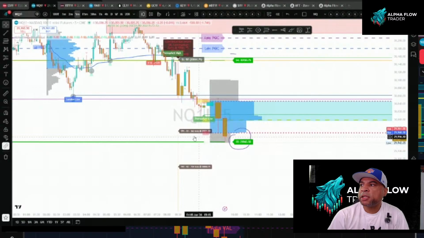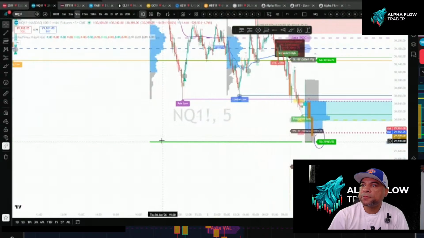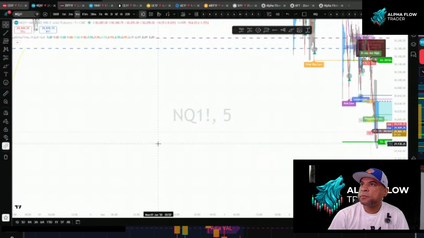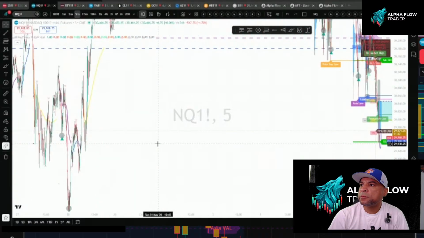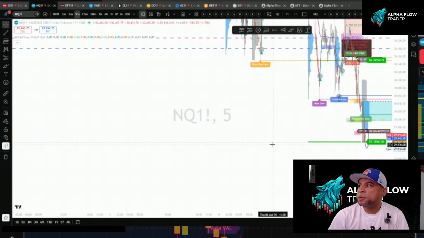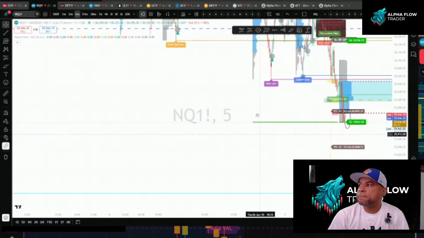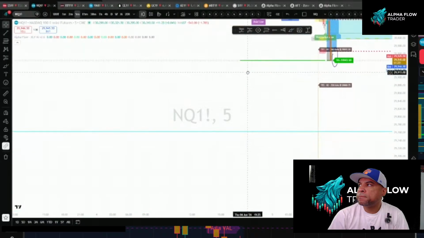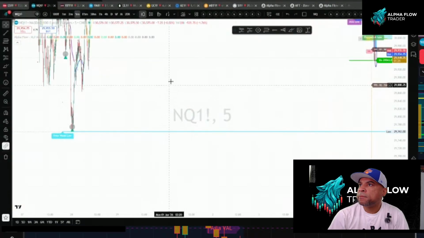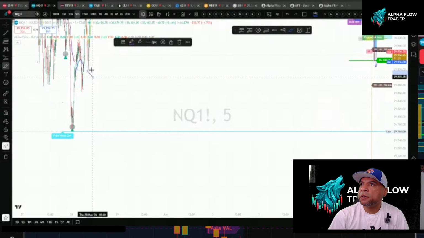NQ is approaching S5. S5 doesn't line up with any significant lows at the moment. I guess you've got this one right here.